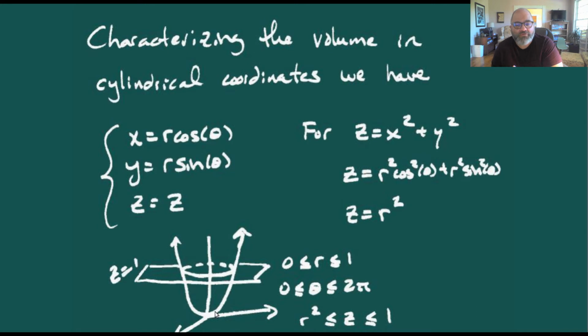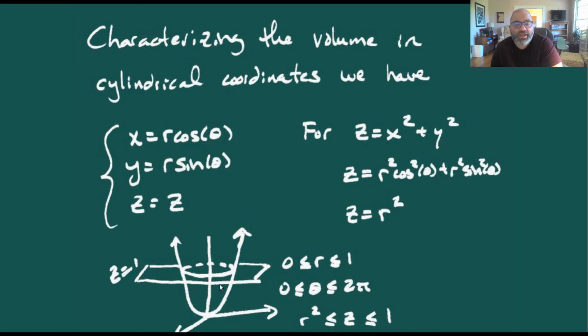So now we're thinking of this as the volume. If we pick a slice out of this, then for our r values, r can go from 0 out to the boundary of that surface, and with that we're just looking at r being 1. Then because we're going all the way around the z-axis, theta is going to go from 0 to 2 pi.